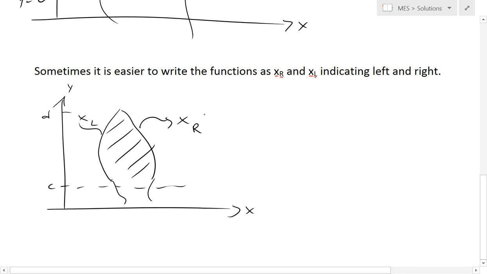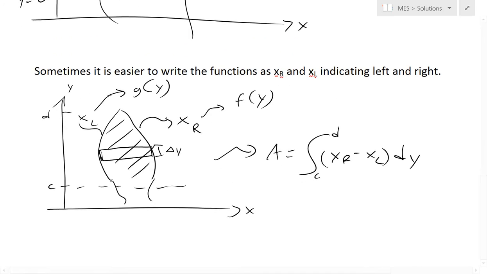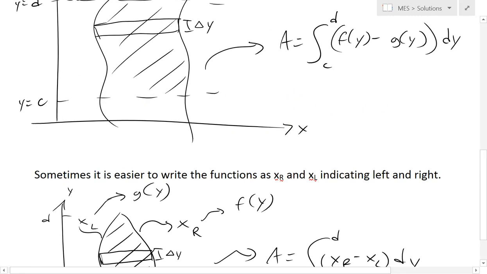Once again, these are functions of y. This would be f of y, and this would be g of y. When we write it out, the area equals the integral from c to d of x_R minus x_L dy. And that dy is a horizontal rectangle when we break it into rectangles. It's the same thing as the regular one, but everything is just flipped over by 90 degrees.